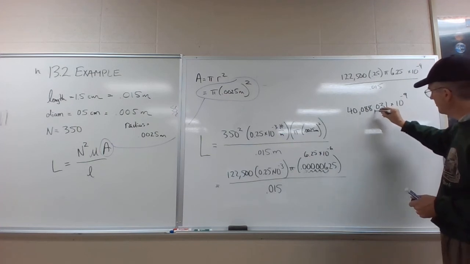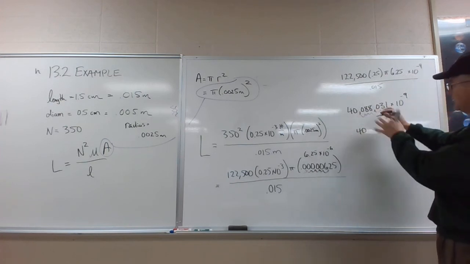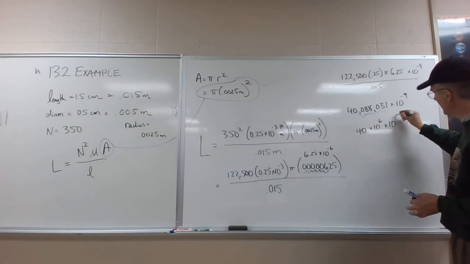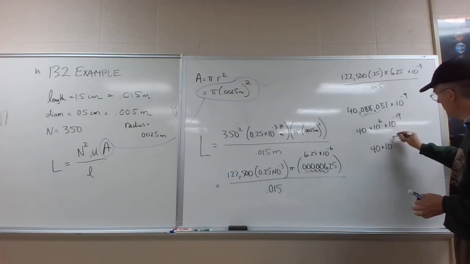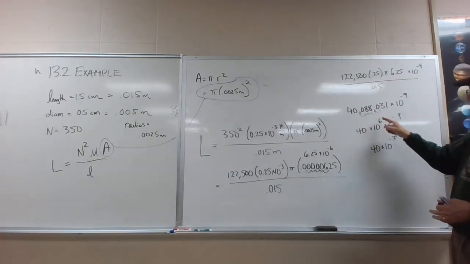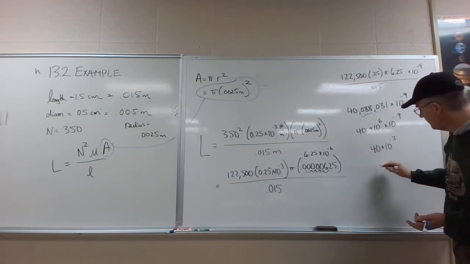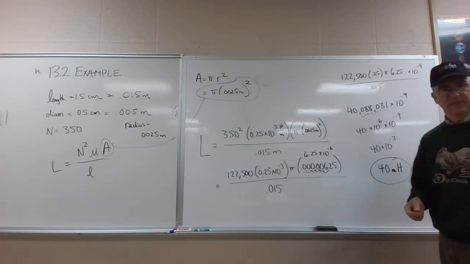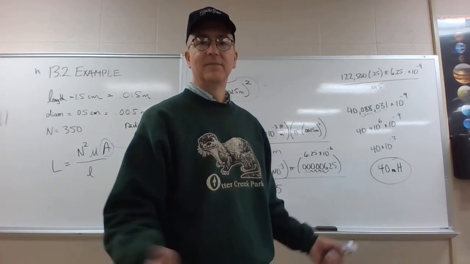That's 1, 2, 3, 4, 5, 6 there. So that'd be 40. I'll just say 40 times 10 to the 6 times 10 to the -9. So that's 40 times 10 to the -3. Because 10 to the 6 and 10 to the -9 add up, so I get 10 to the -3. So 40 millihenries. I got the right answer.